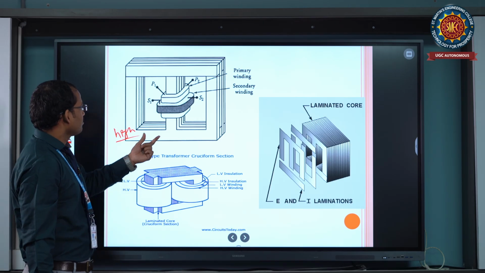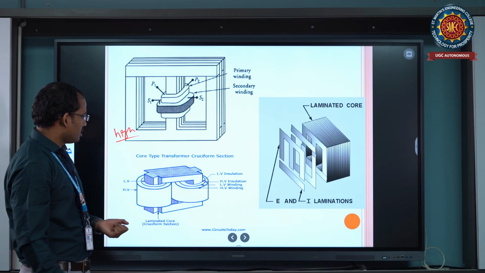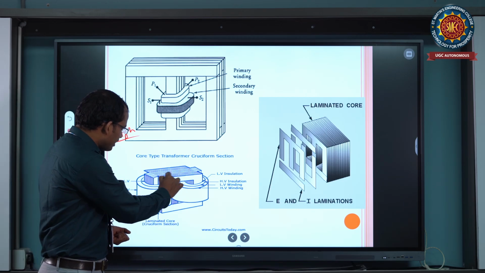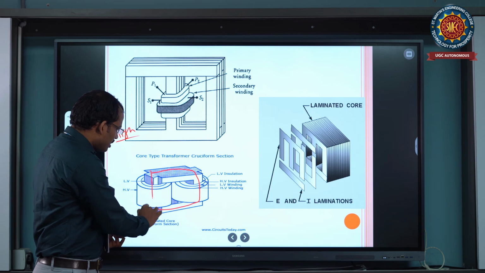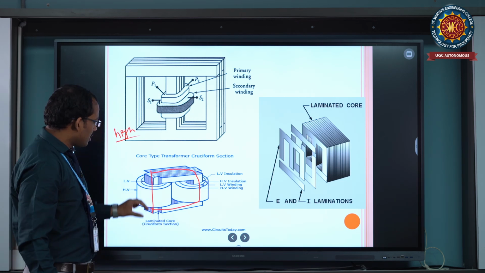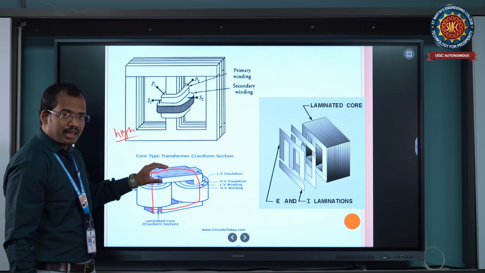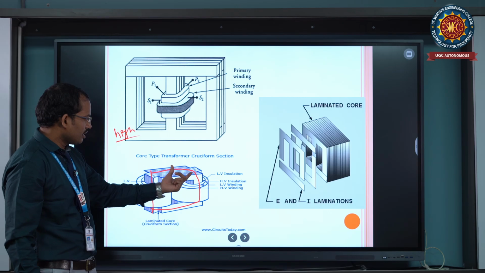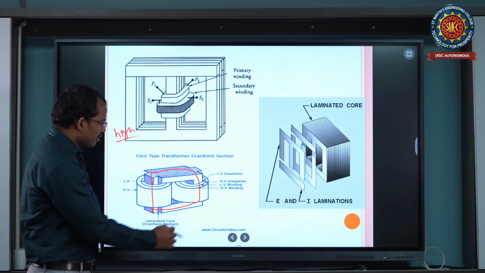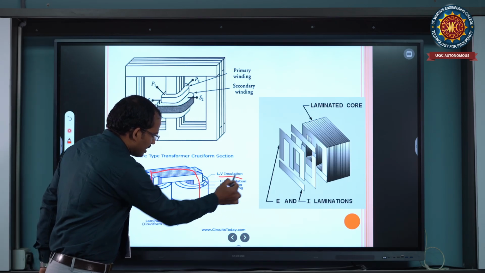And next one, core type of transformer. This is the core type of transformer, rectangular shape. A number of laminated layers are there, laminations. With these laminations we reduce the leakage flux and magnetic flux of the transformer.